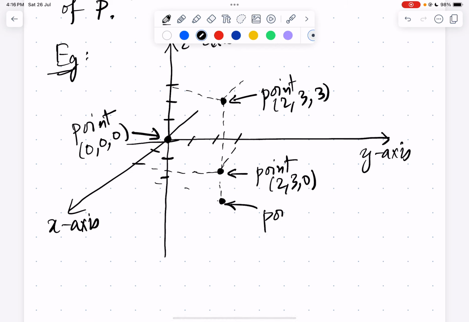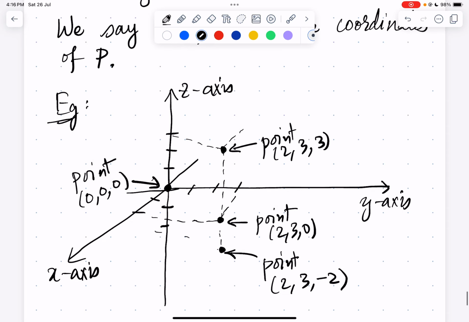So this point will be 2 comma 3 comma minus 2, because its address is: move 2 units in the x direction, then go 3 units in the y direction, then go minus 2 units in the z direction. That will take you to this point. Hence this point is 2 comma 3 comma minus 2. So these are a couple of basic examples.